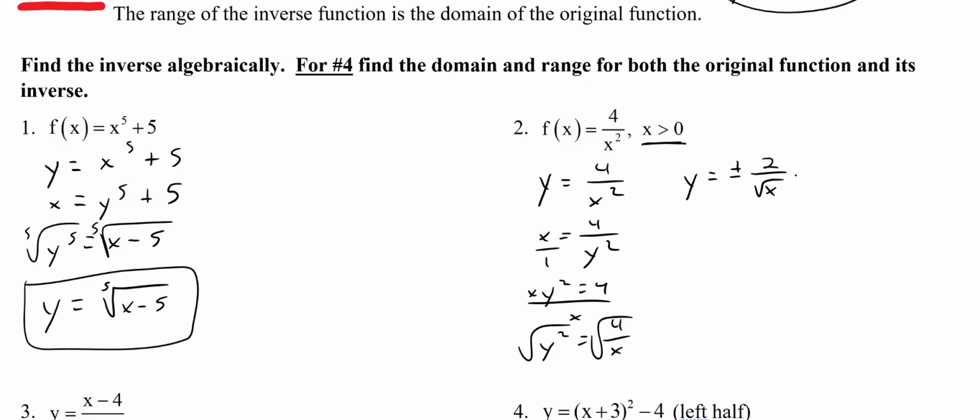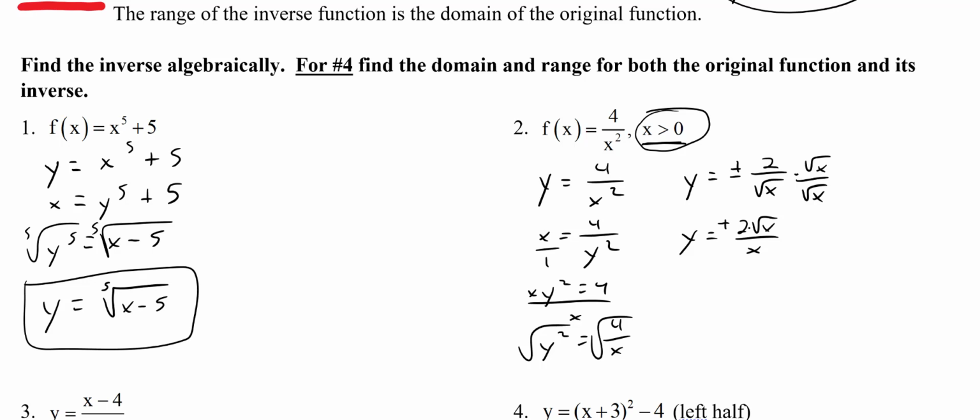All right, let's rationalize it. So y is equal to 2 square root of x over x. And we don't even really need to rationalize, it's not that big of a deal. Okay, and notice x was greater than 0. This is pretty important. X was greater than 0. And so instead of being plus or minus, it's just going to be positive.